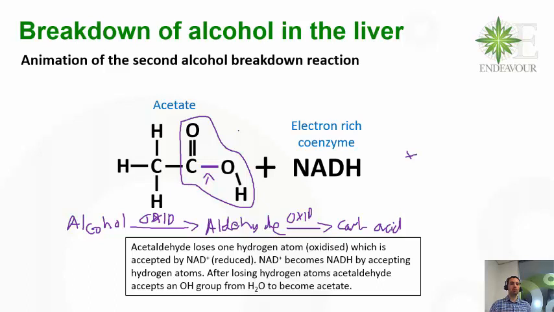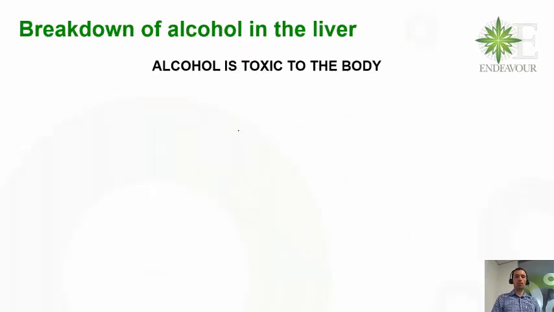Acetate can actually be used by the body, even turned into energy. So we've been able to take something that was actually toxic and potentially causing harm to the body in the form of ethanol and convert it into something very useful called acetate, which can actually be converted into acetyl-CoA and used to make cellular energy in the form of ATP.